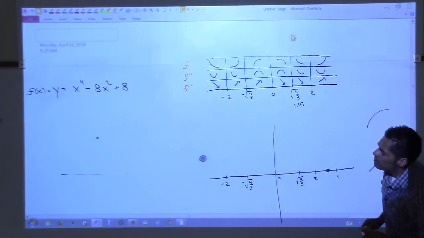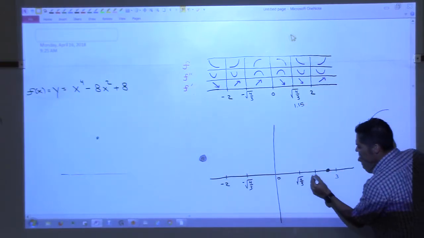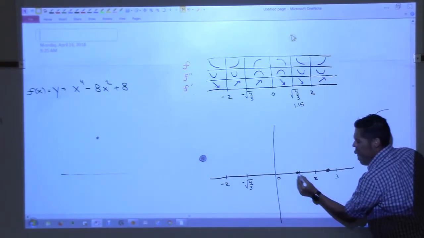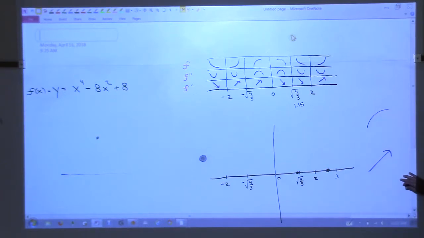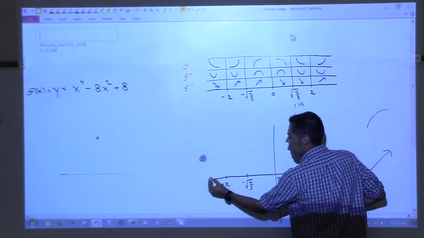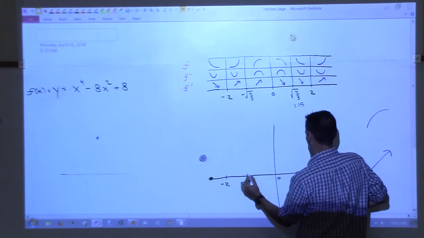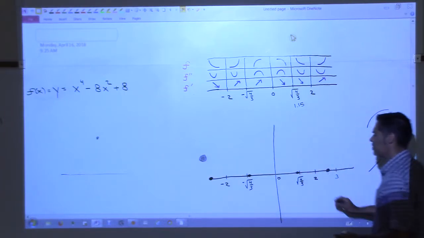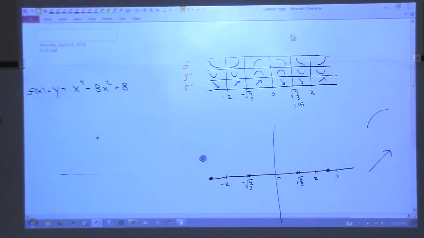Okay, so this is at 1.1, just a little bit to the side of it. That's an x-intercept, and then on the other side, over here, a little bit inside. Those are my x-intercepts. I also have a y-intercept of 8.